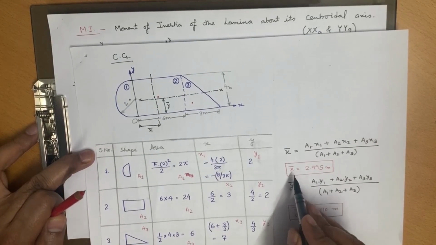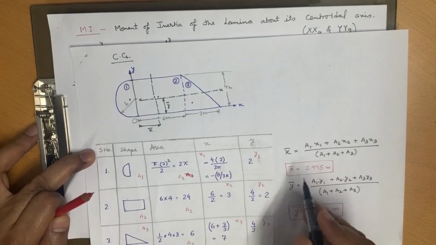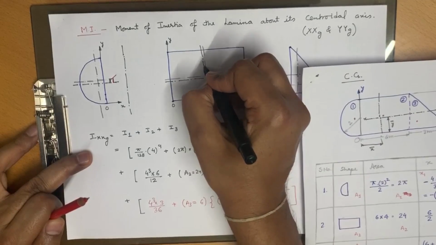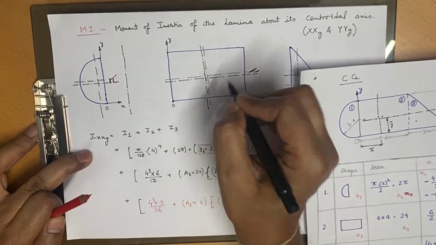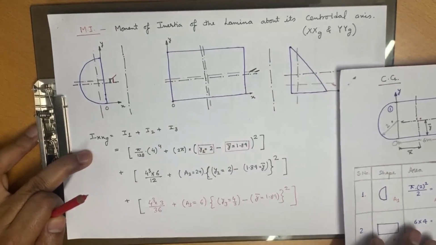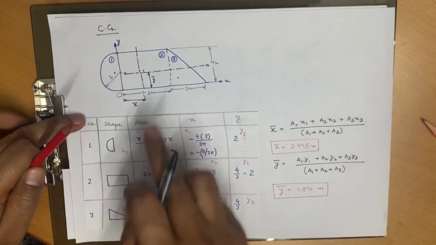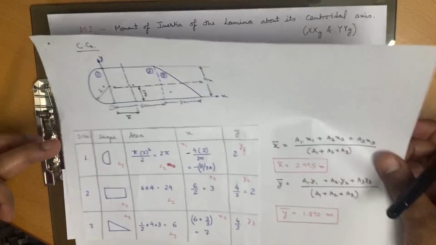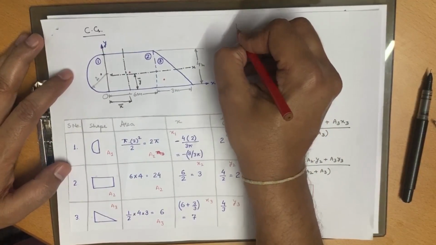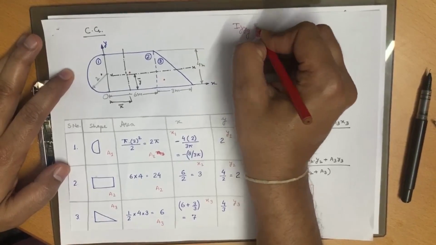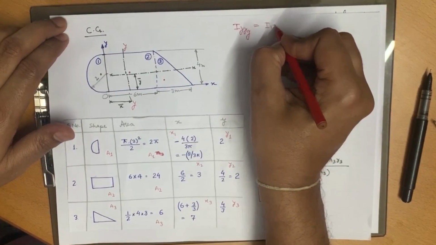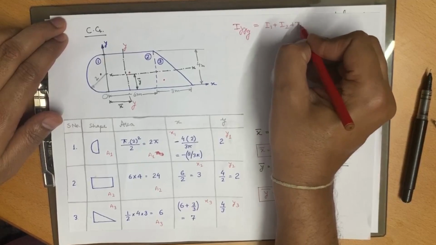It will almost lie on this line, right? So I think it will be better if we understand by this line only. And in this, IYG is equal to I1 plus I2 plus I3.